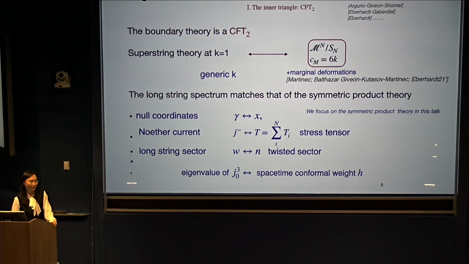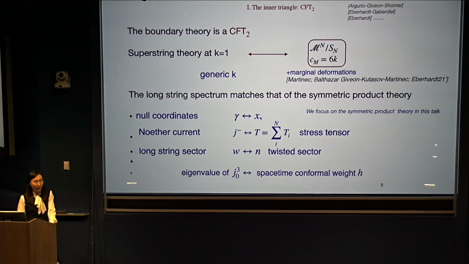And you're assuming some pieces of it survive after you turn on these marginal deformations that you need to turn on? Well, okay. What I can say is that we will do some kind of calculation, assuming that there is a symmetric product, and we say that lots of quantities can be matched.